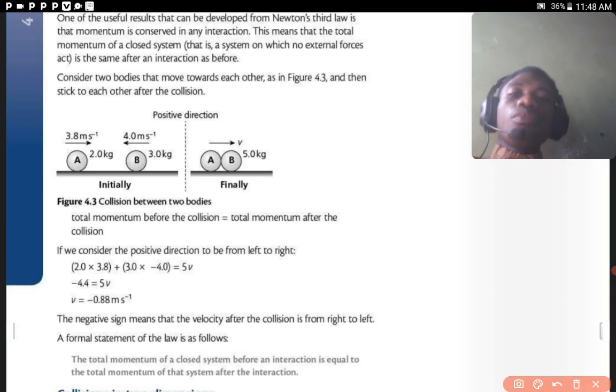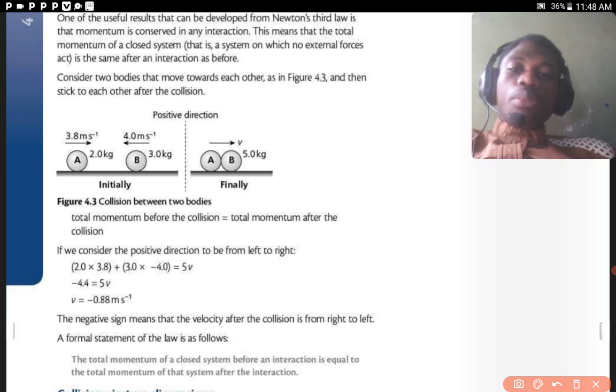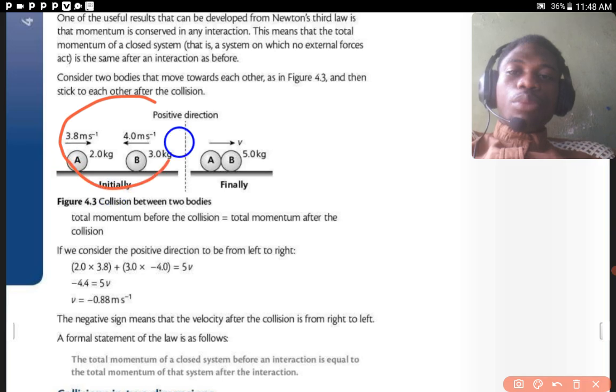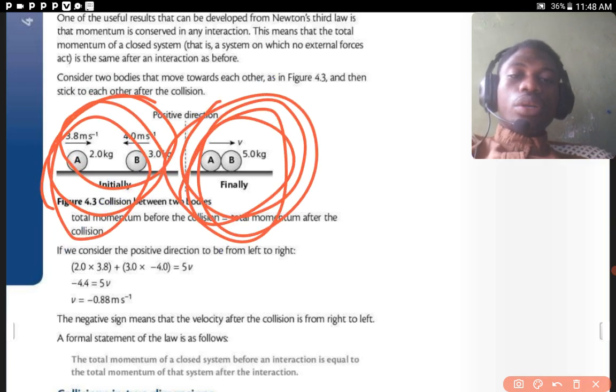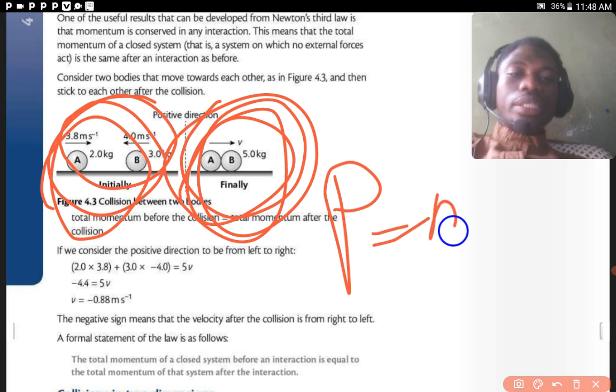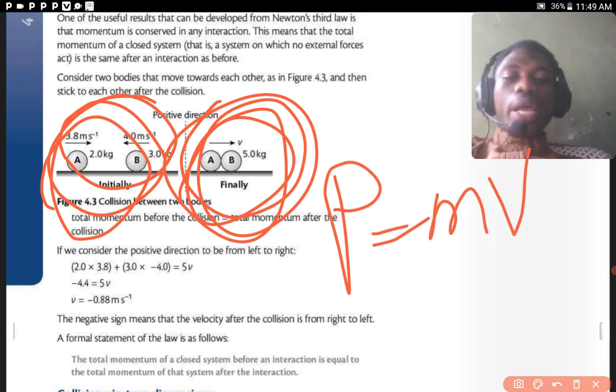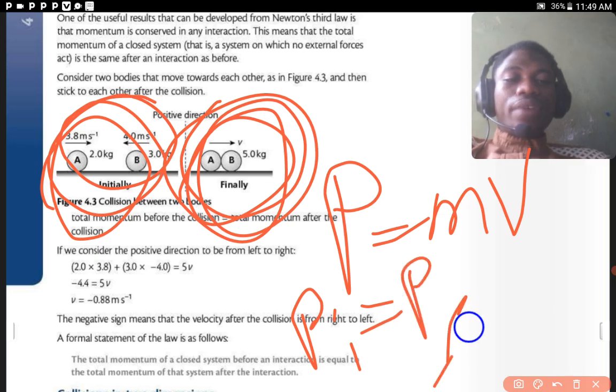Good. I want you to know that if you want to find the initial momentum, meaning before collision, and the momentum after collision, knowing that momentum is just mass times velocity, you'll find out that the initial momentum is the same as the final momentum.